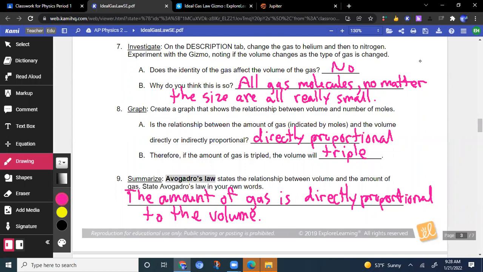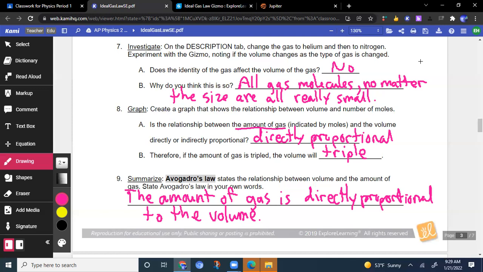So when you added more gas, increased the amount of gas, the volume got bigger. And that should make sense. If we put more gas in there, if the volume can expand, then it should expand. And all you have to do is think about blowing up a balloon. If I take a latex balloon and I blow it up, I'm putting a little more gas in it each time.